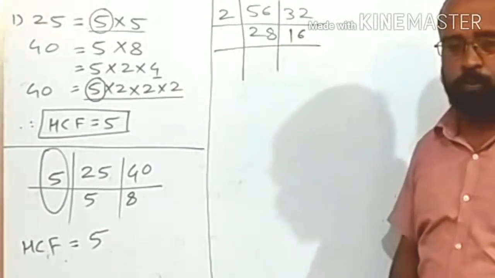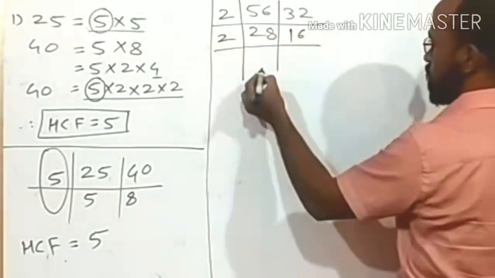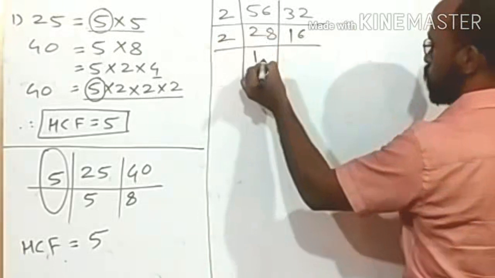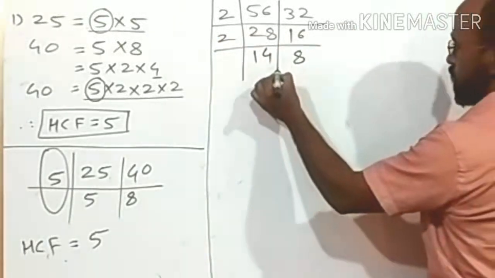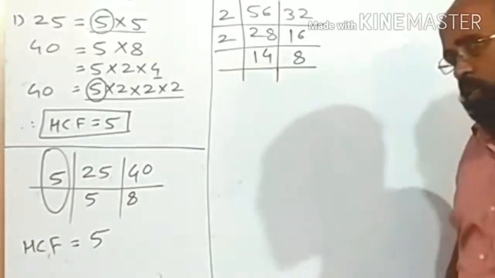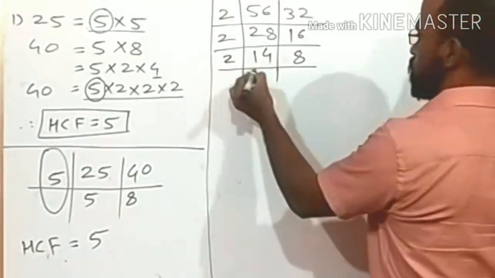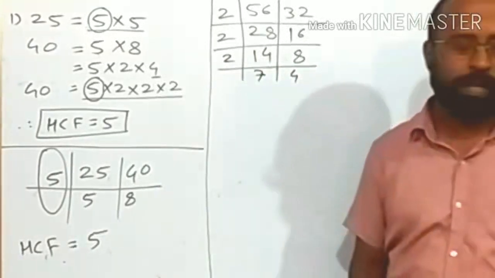Are they divisible by 2? Answer is yes. So let's divide them by 2. After dividing by 2, the numbers will be 2 ones are 2, 2 fours are 8, 14, and 2 eights are 16. Once again friends, 14 and 8. Are they divisible by 2? Yes. So divide them by 2. 2 sevens are 14, 2 fours are 8. Now 7 and 4, they are not divisible by any number.